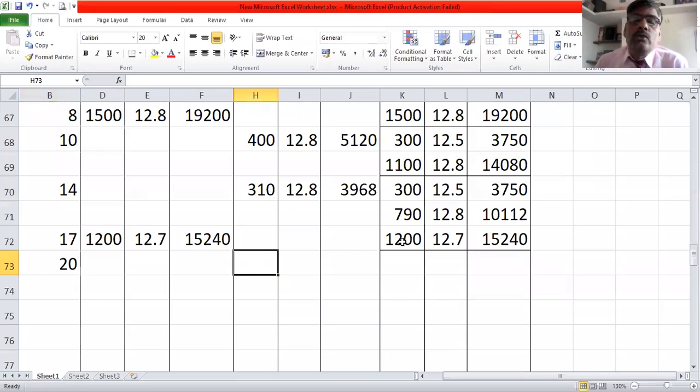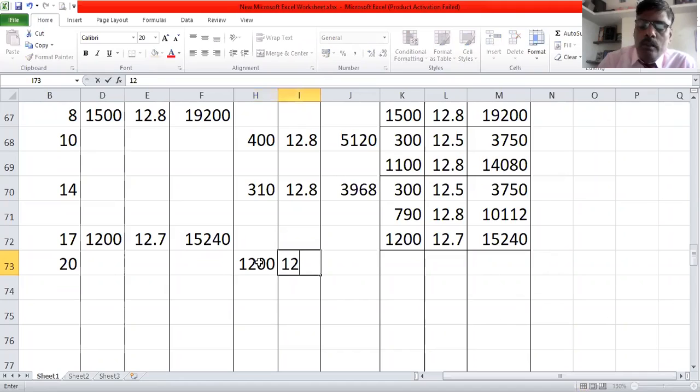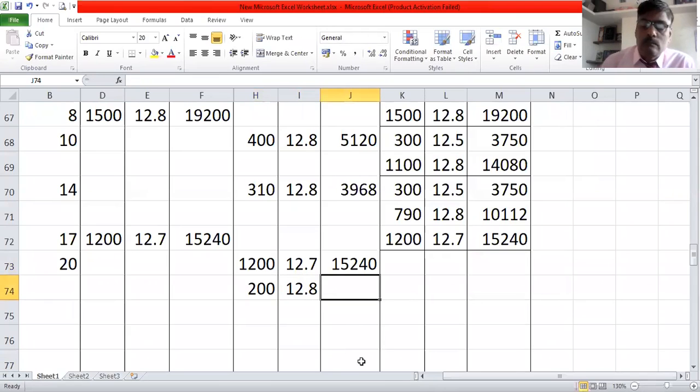So you complete the last lot: 1200 at the rate of 12.70, amount 15,240. That lot is completed, and from the lot above you take 200 units at the rate of 12.80, which is 2,560.